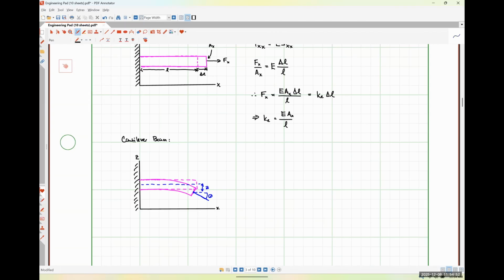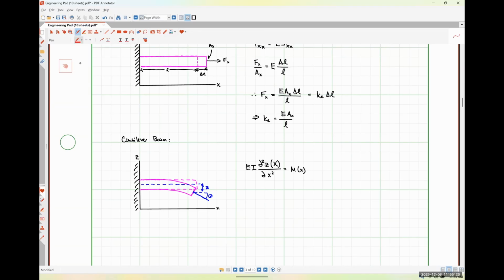That's going to be EI times the second derivative of Z as a function of position with respect to x squared, and this is going to be equal to M of x, where M of x is the bending moment.